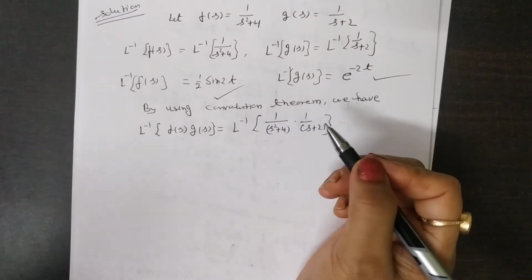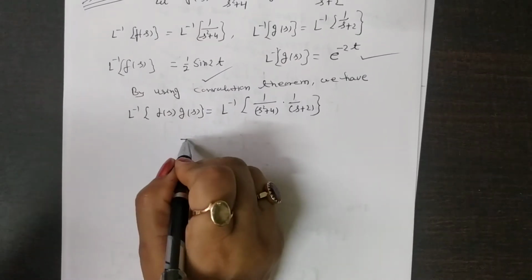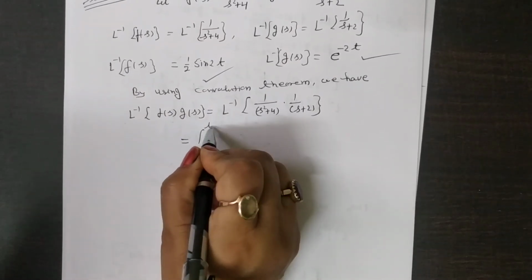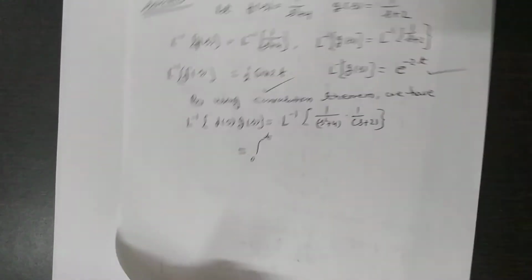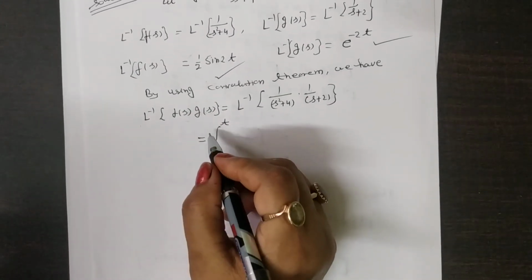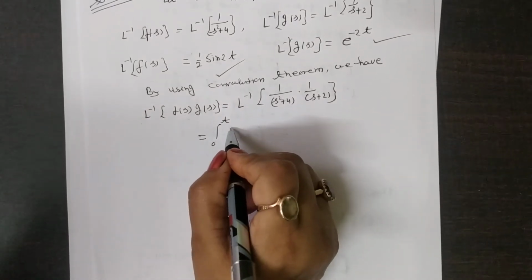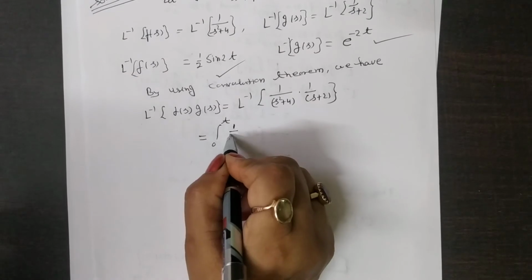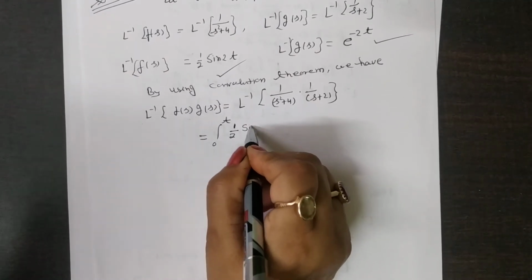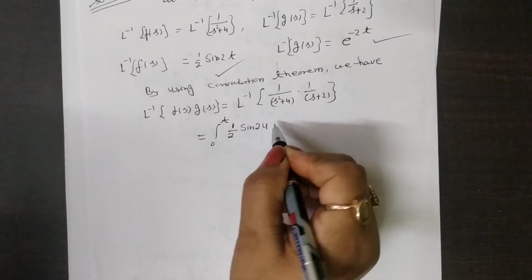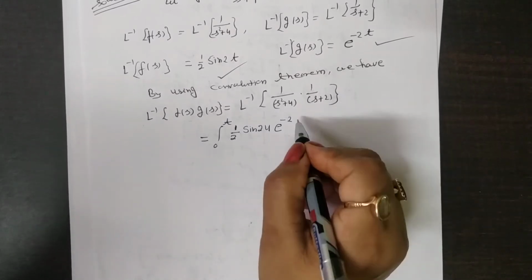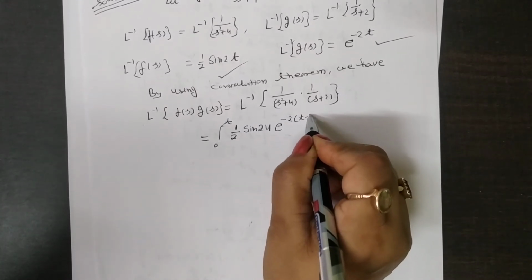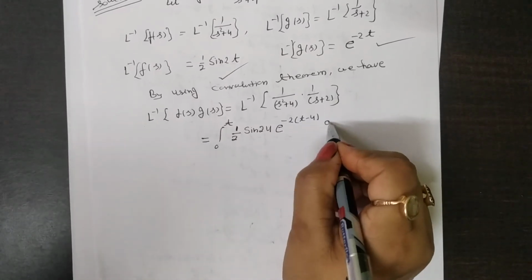As in the first part, you define the integral form, that is 0 to t, of f of u g of t minus u. So here this becomes 1 by 2 sine 2u and e to the power minus 2 times (t minus u).